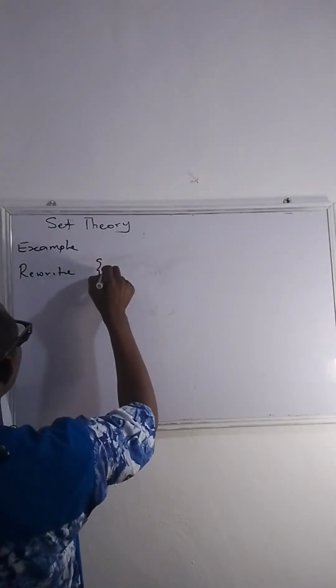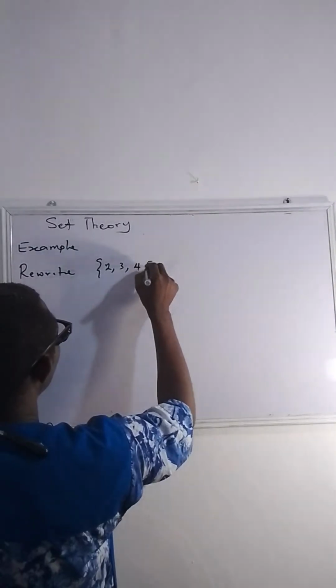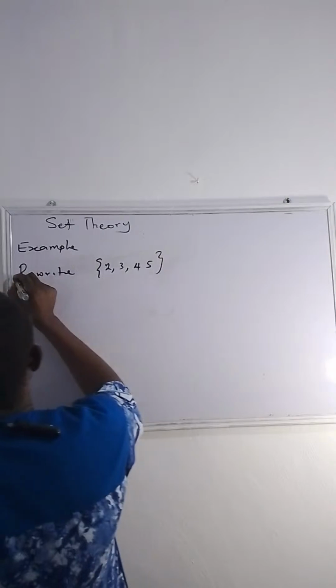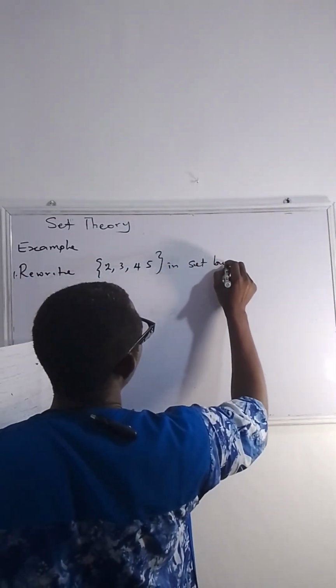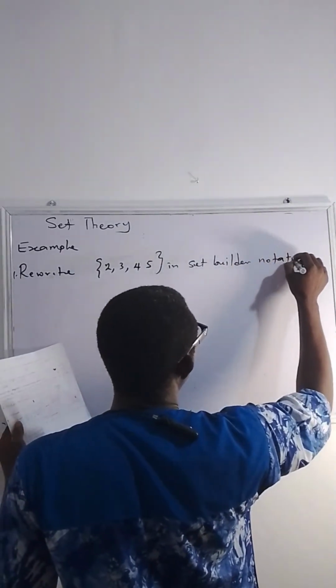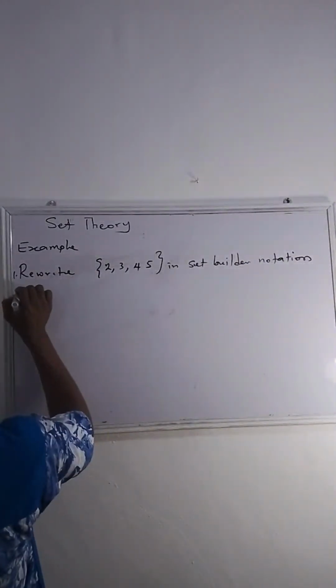Rewrite 2, 3, 4, 5. That's number 1, in set builder notation. That's the first one. And let's look at the second one.